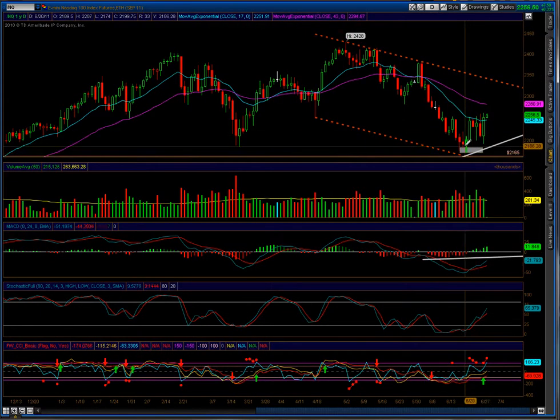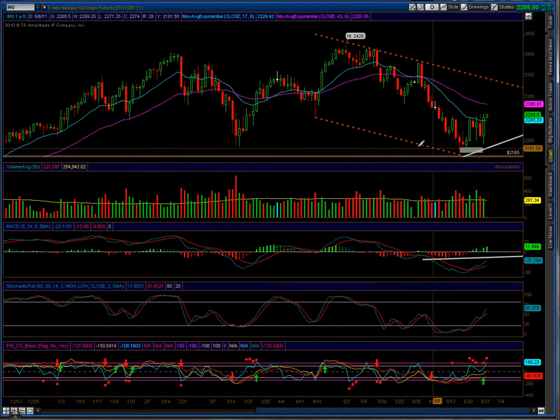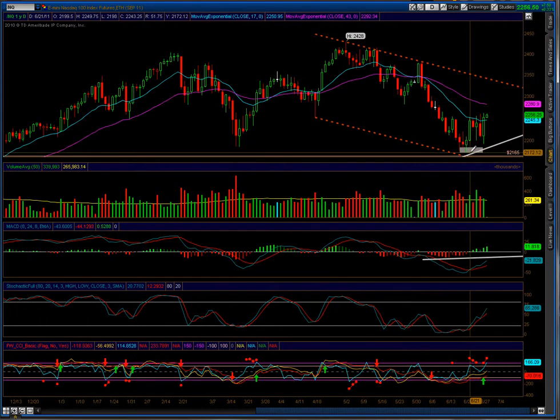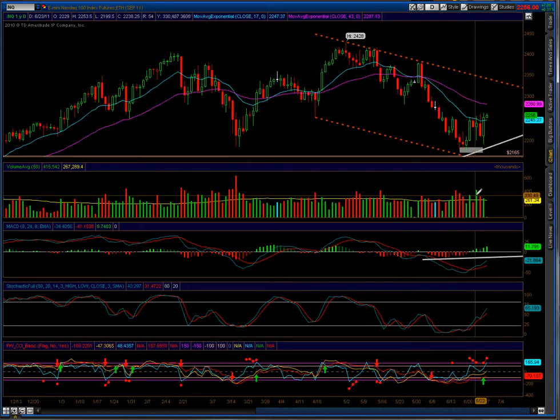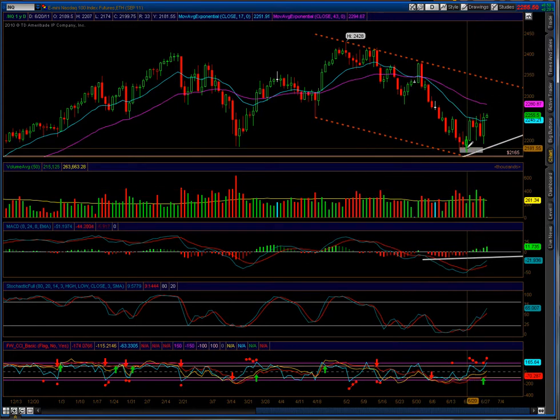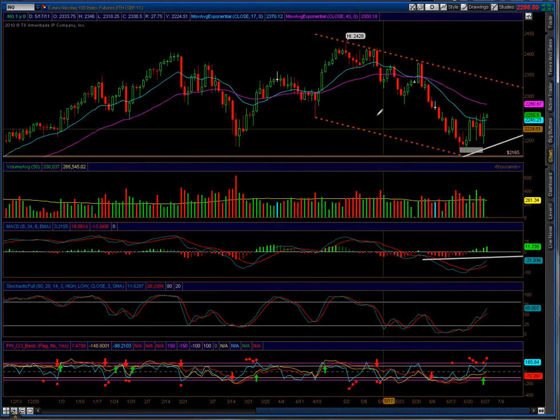You can see I had annotated before that you have the tails towards the bottom of the channel, and you have reversal type of volume, which means on the bottom you had high volume for the green candles, and you had a lot of tails.